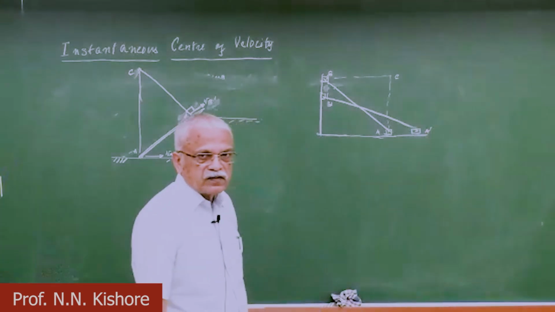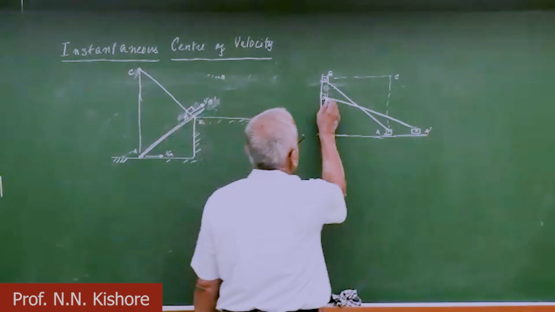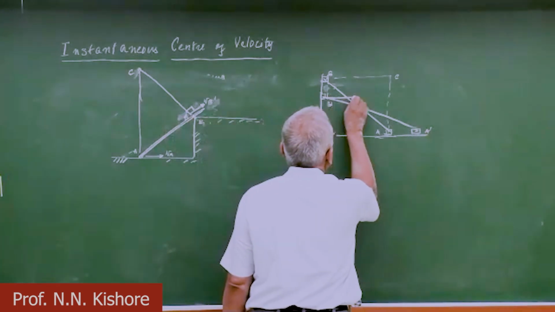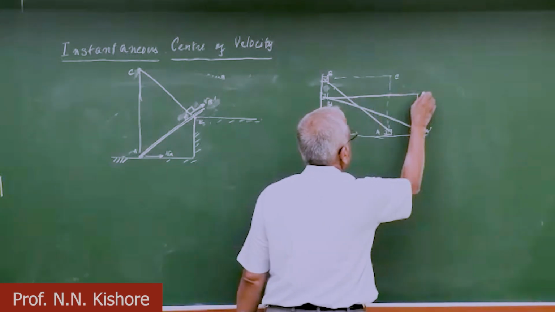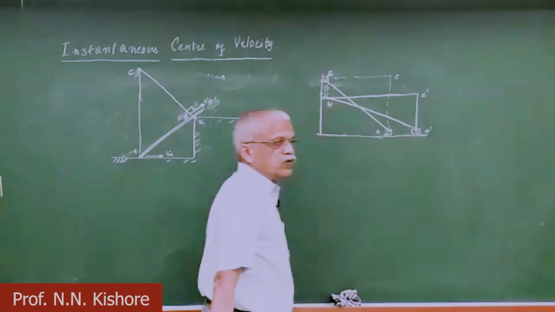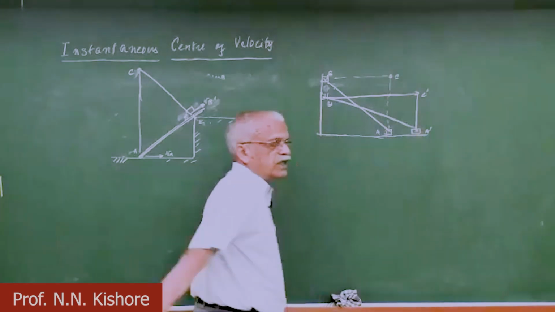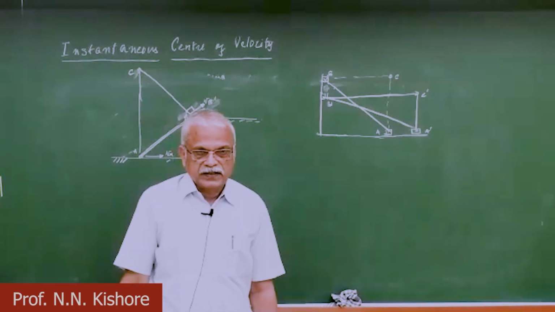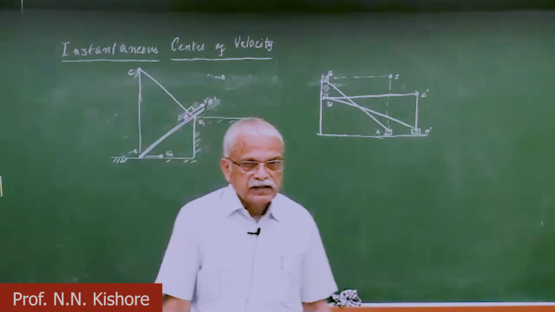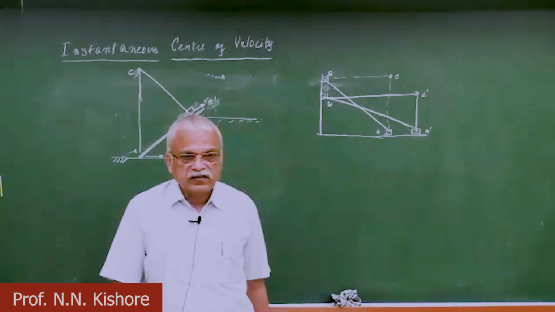Where will the center be? The center will be on this, so the location of this C is going to change. That is why it is called an instantaneous center.